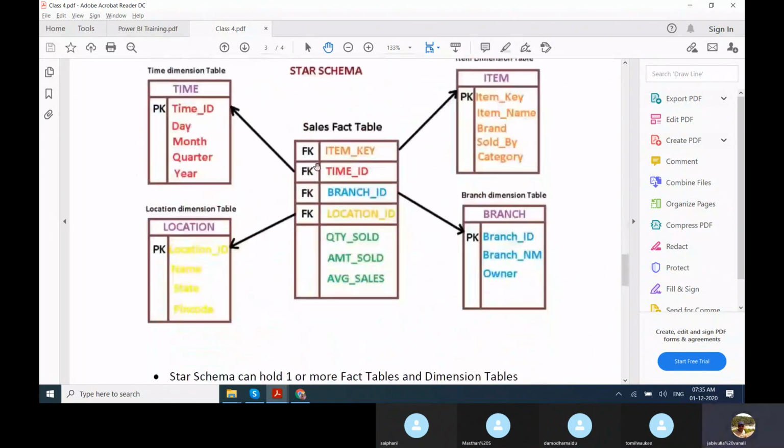So in star schema, there is one fact table and surrounding dimension tables.